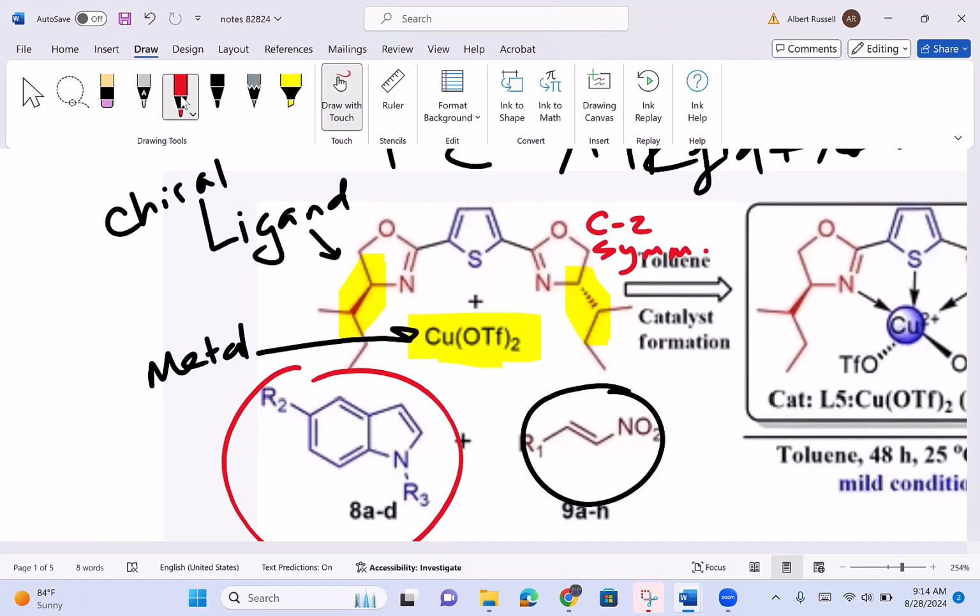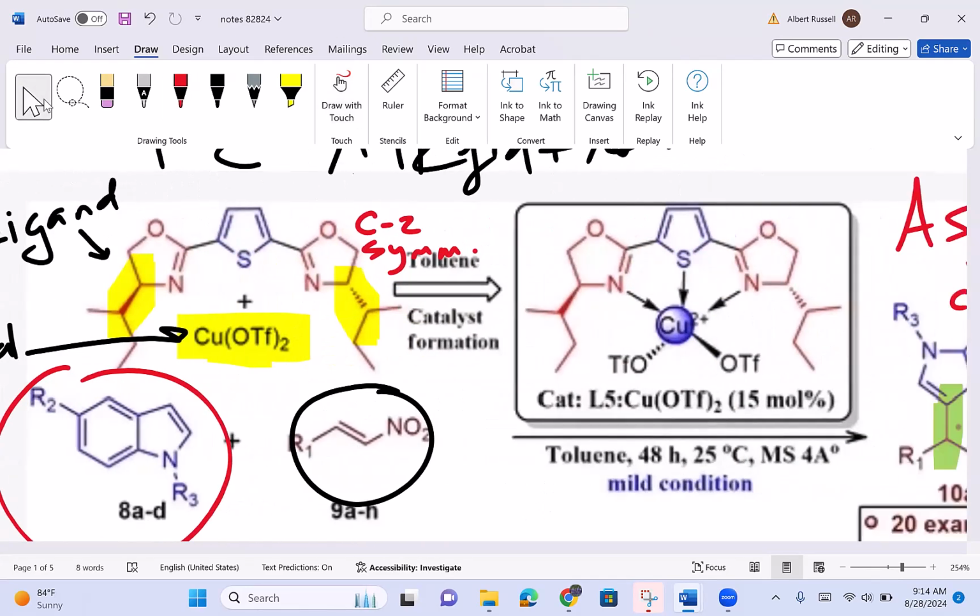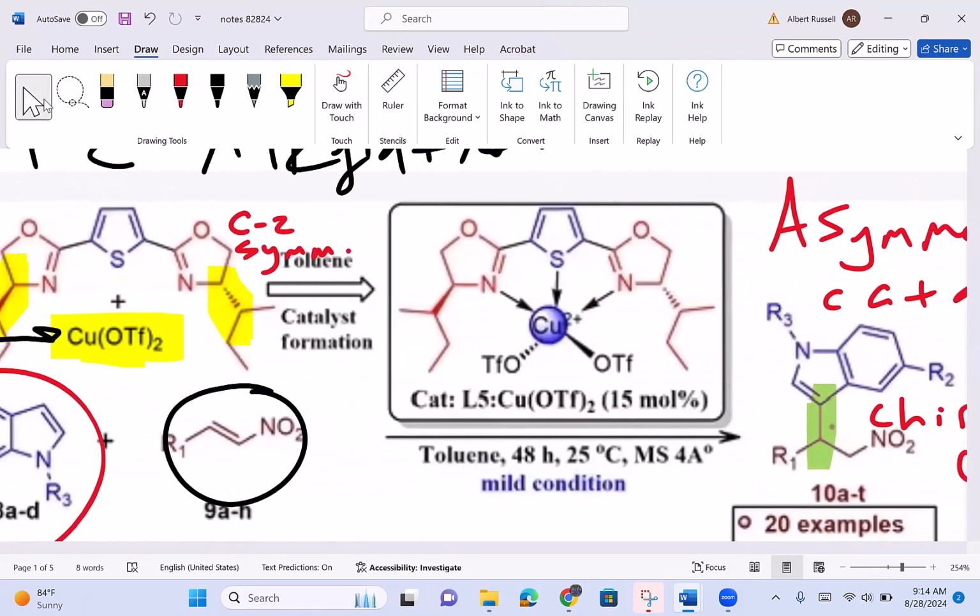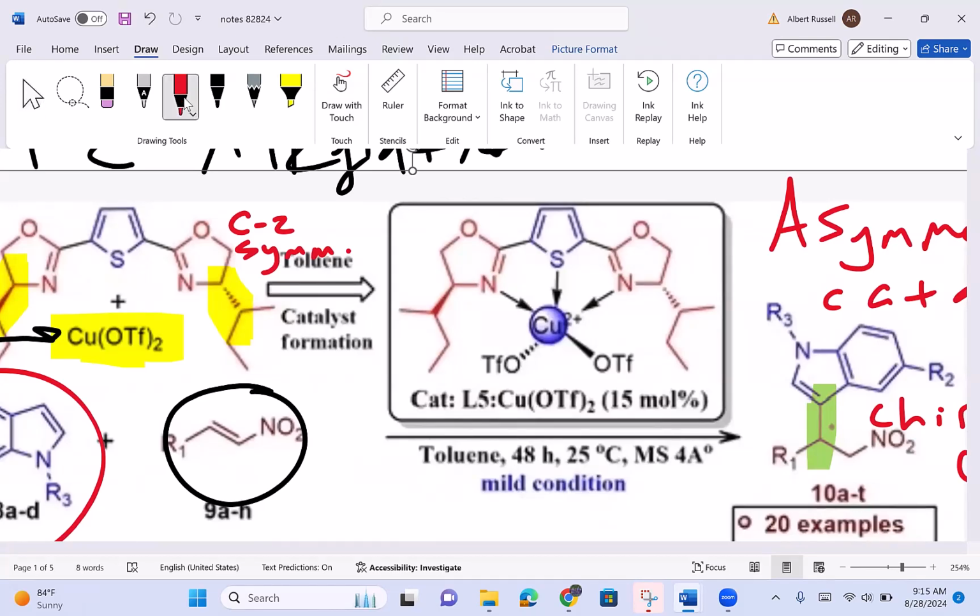So you need a chiral ligand, you need a metal, and then that forms what we have here. You can see where the ligand is bound to the metal, right? This is called a complex.